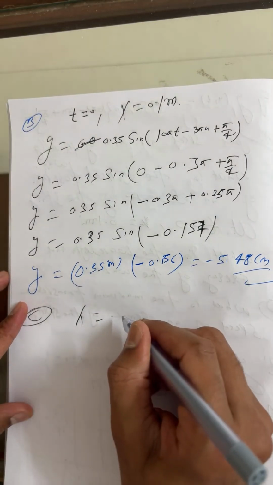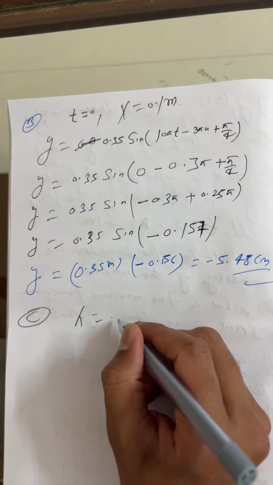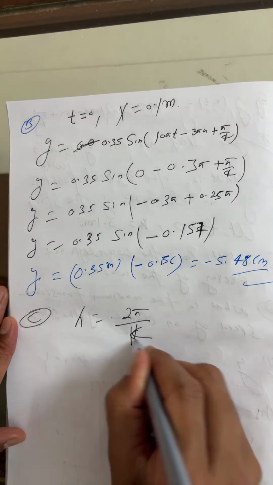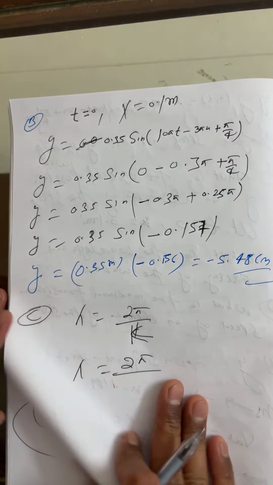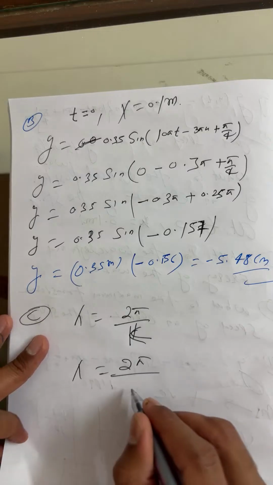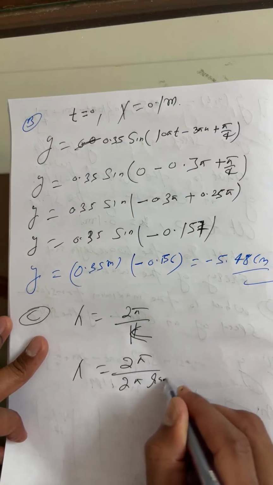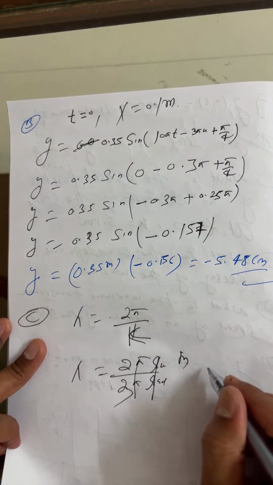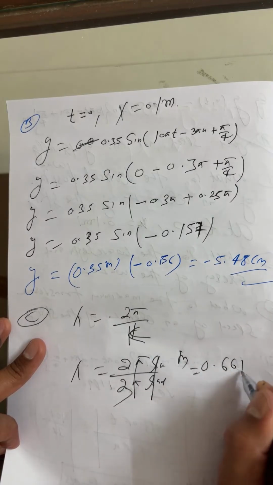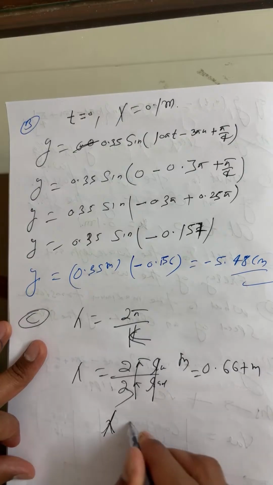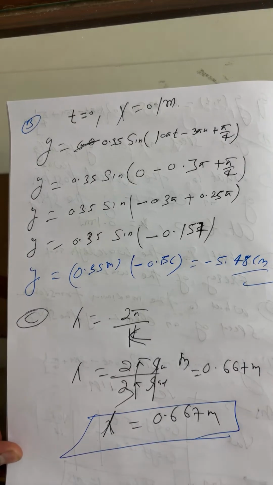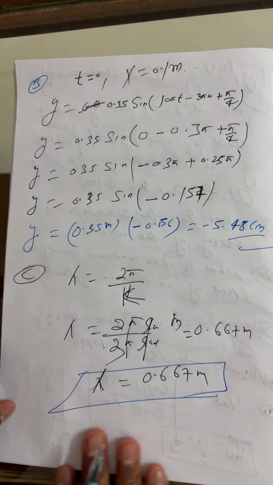For wavelength, you can write λ = 2π/k. Here k is 3π radian per meter, the radian cancels, so λ is 2π/3π, which is 2/3, that is 0.667 meter. So your wavelength is 0.667 meter.